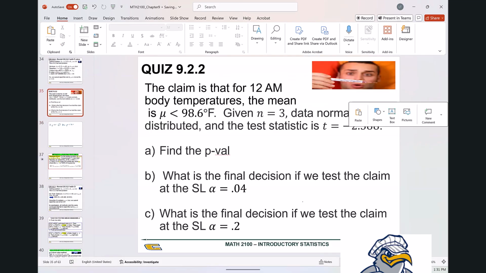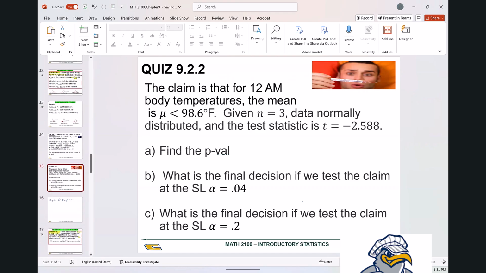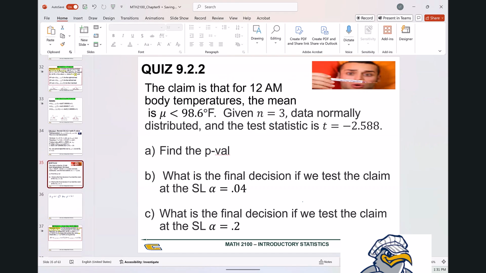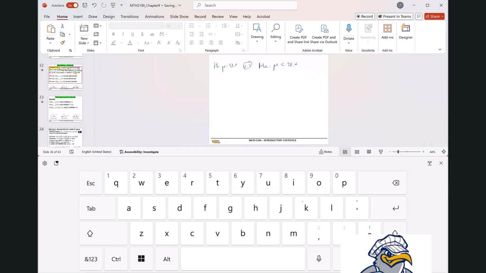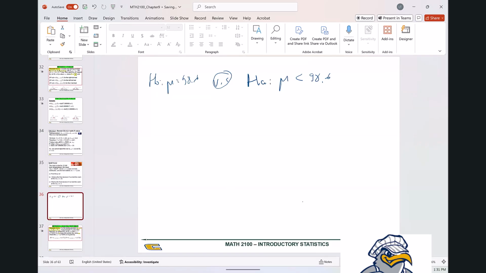So in this case, this is a left tail test, less than, left tail.